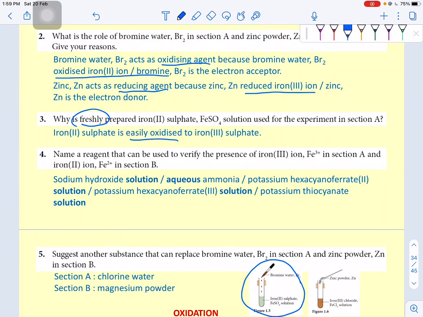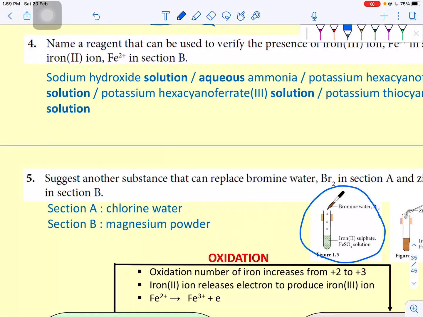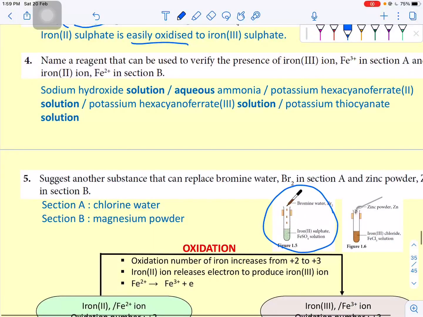to identify the presence of iron 2 and iron 3, we have a few options: sodium hydroxide solution, aqueous ammonia, hexacyanoferrate, and so on. Suggest another substance. So we can use chlorine water other than bromine water. Boleh pakai acidified, tak ada masalah.